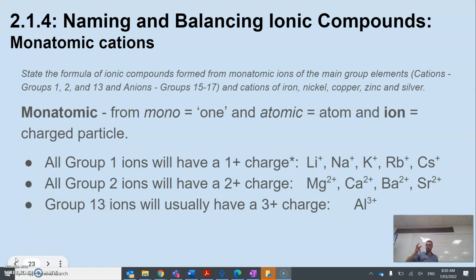Notice the formatting is that the value of the charge goes first, followed by whether it's positive or negative. All group 13 ions will usually have a 3 plus charge. So for example, aluminium, 3 plus. Any questions on that?